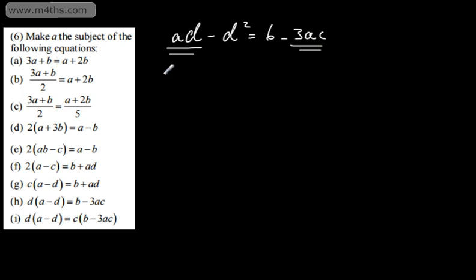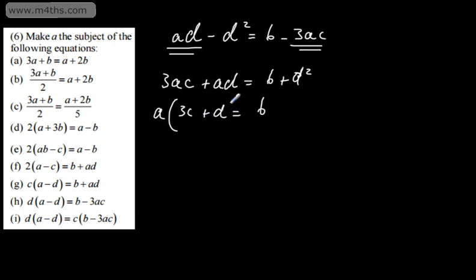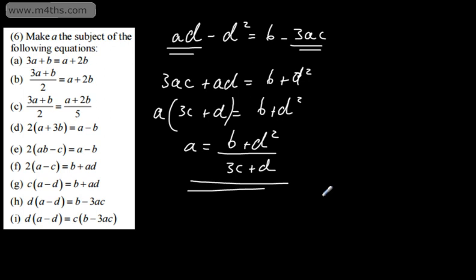So what we'll have is 3ac plus a multiplied by d is equal to, and adding the d squared to both sides, b plus d squared. Factoring the a: a times 3c plus d is equal to b plus d squared. So all I've done now is just factor the a out. A is common to both, we can take it out, and we divide through by the content of the bracket, 3c plus d. And that now is making a the subject.